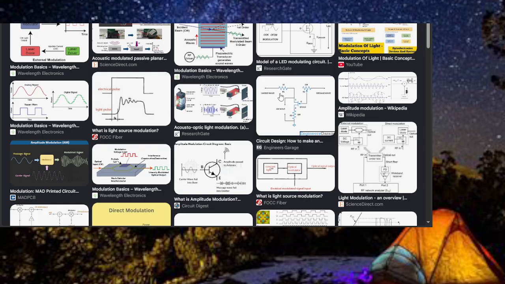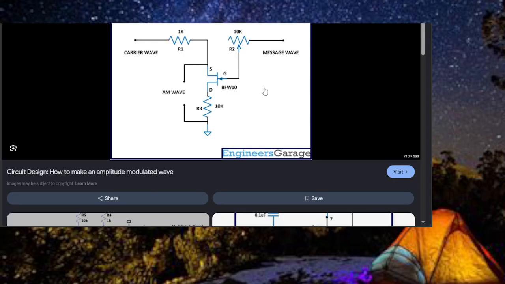What is light source modulation? You've got your carrier.